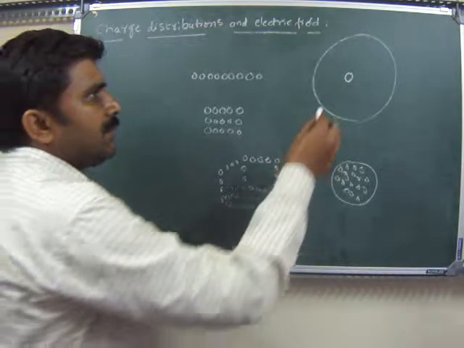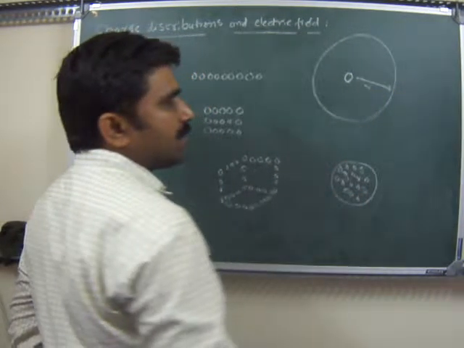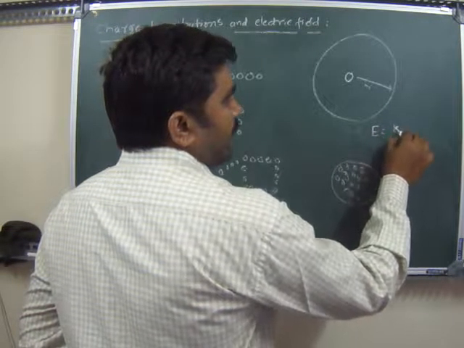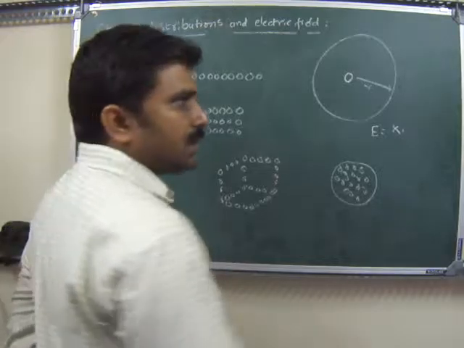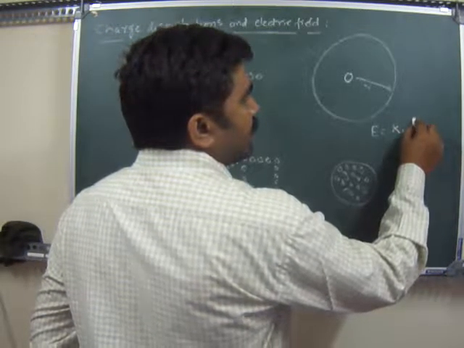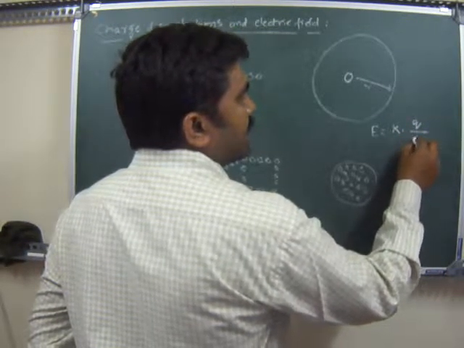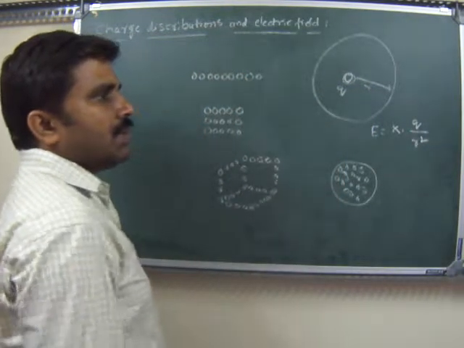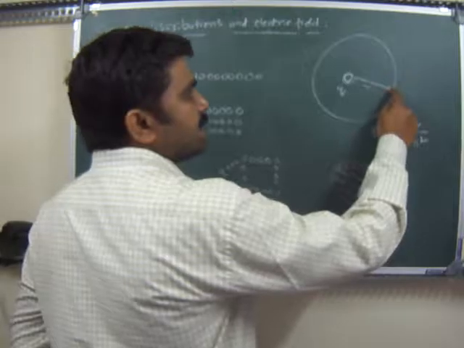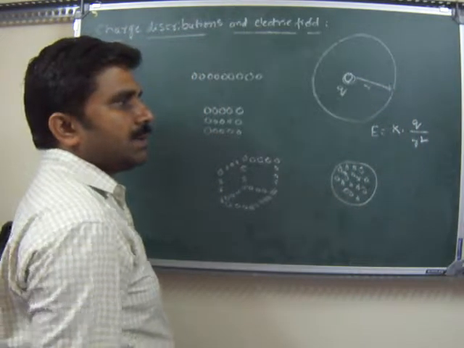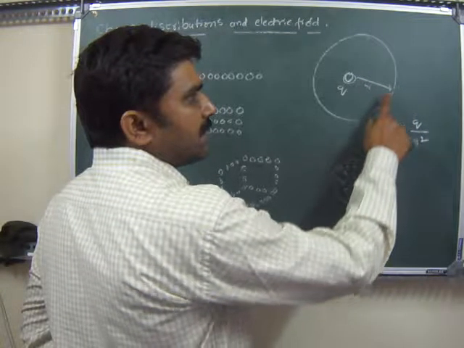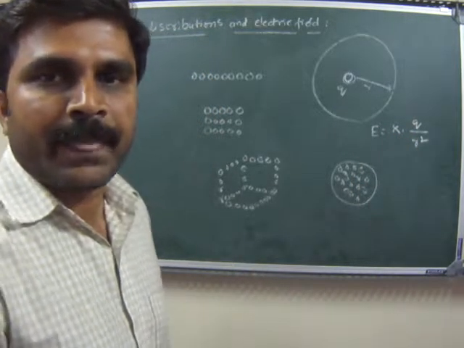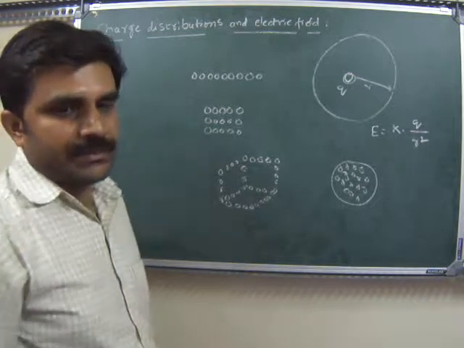That field will be calculated in terms of R, like E is equal to K, that is 1 by 4 pi epsilon naught, K into Q by R square. For example, if this is a charge Q, you are considering the field at a distance R from the charge, then the field intensity at that point is written as K into Q by R square. So this is for a single charge.